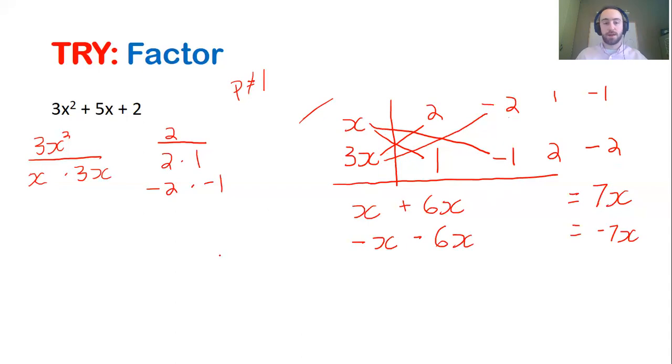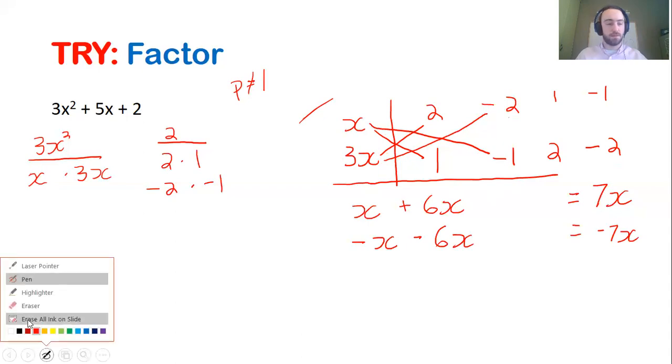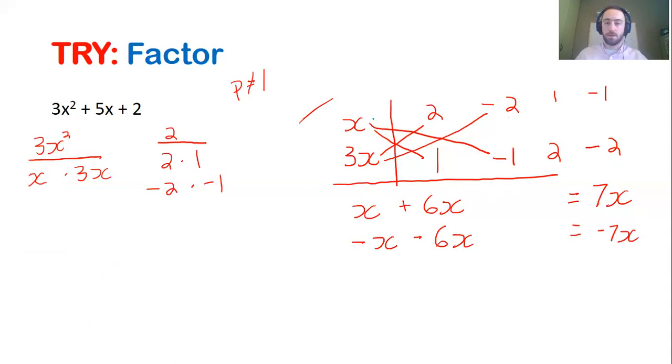So let's go ahead and continue our cross multiplication. Here we have x times 2 and 3x times 1, giving us 2x plus 3x.